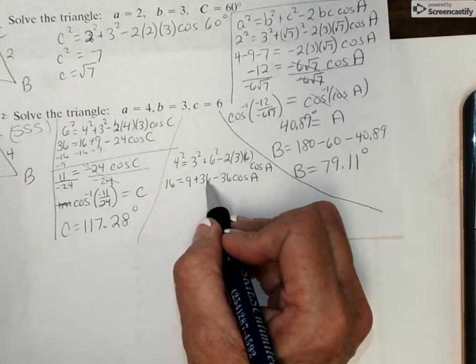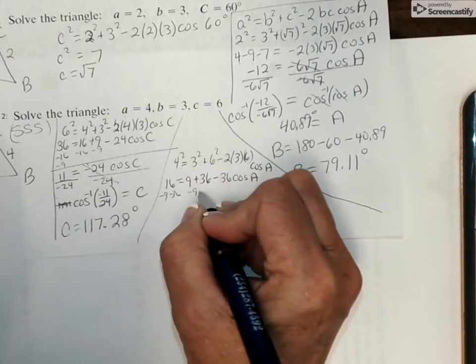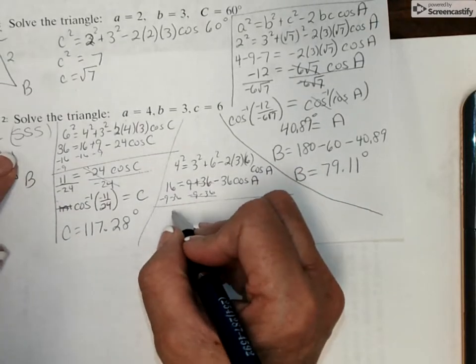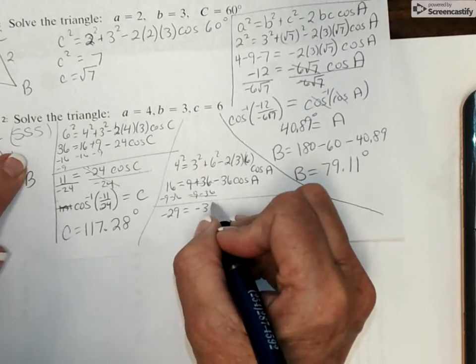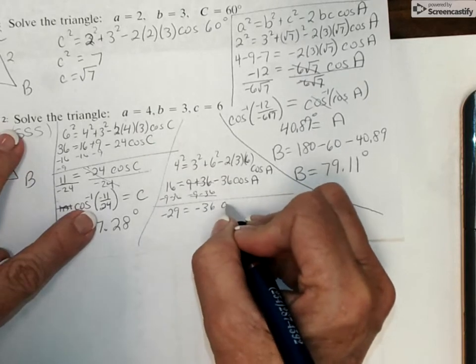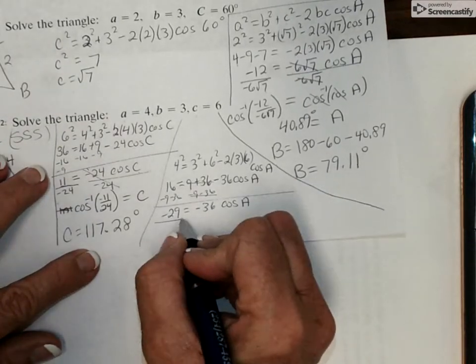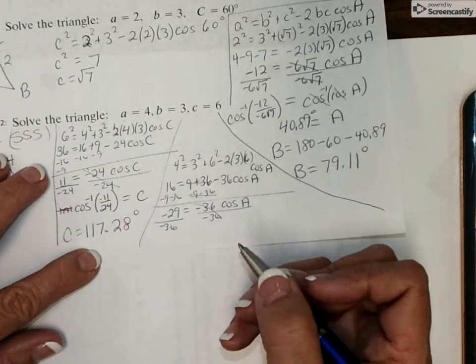Subtract 9 and 36 from both sides, so minus 9 minus 36. And we get negative 29 equals negative 36 cosine of angle A. Divide both sides by negative 36 and then take the inverse cosine.